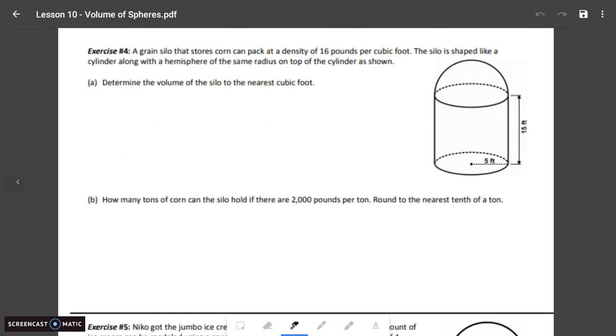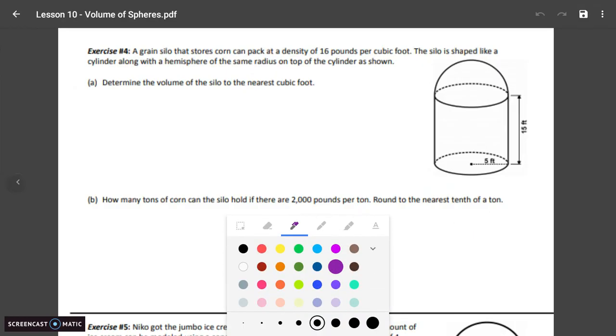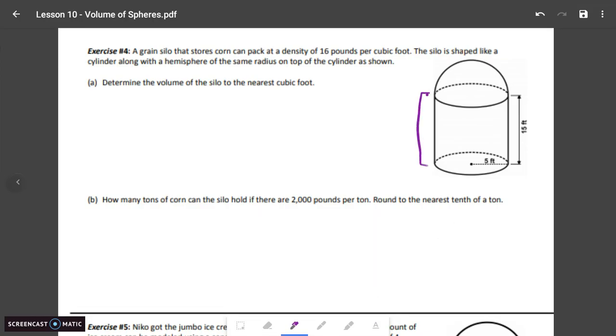Okay, now we have a grain silo that stores corn and can pack a density of 16 pounds per cubic foot. The silo is shaped like a cylinder along with a hemisphere on the same radius on top of the cylinder as shown. So first determine the volume to the nearest cubic foot. So we're going to have to do two parts here again. So let's find the cylinder first.